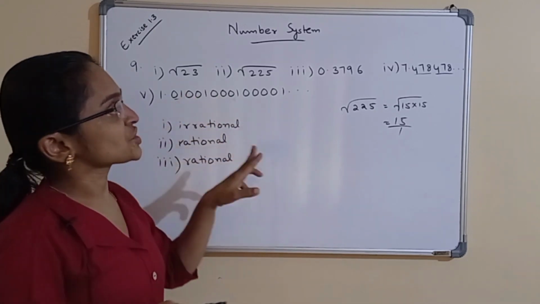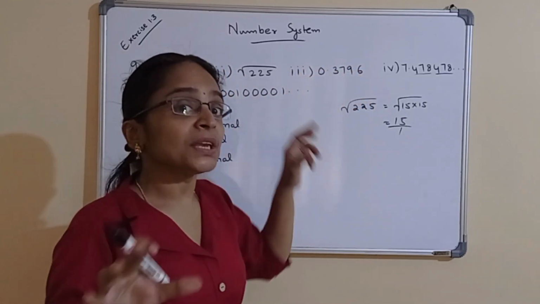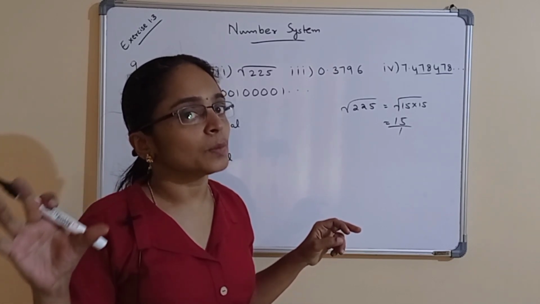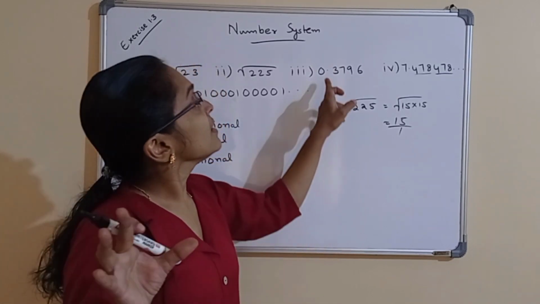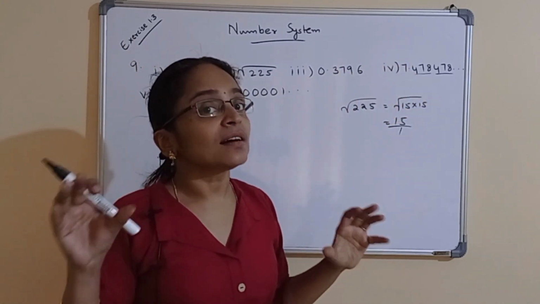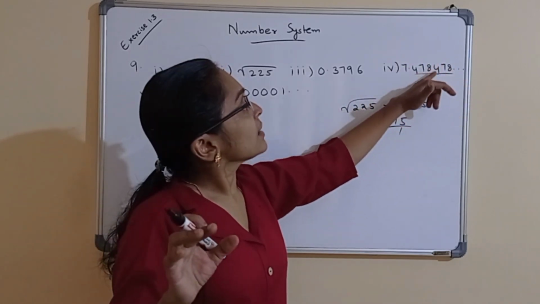So this is an irrational number, which means this is a rational number because all the numbers having terminating decimal expansions are rational, and all the numbers having non-terminating recurring or repeating are rational.